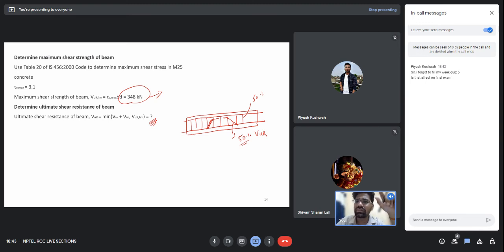If you miss one or two quizzes, that would be fine, but I don't know what the criteria is. You can ask in the discussion forum. I am not a part of that. You should ask them what the minimum weightage is for you to appear in the final exam. You can ask this and know the eligibility criteria. So coming to the problems again, if you have any doubt, you can ask me.